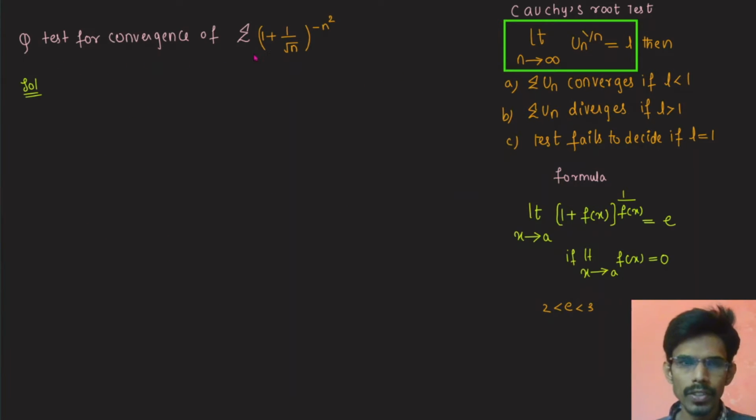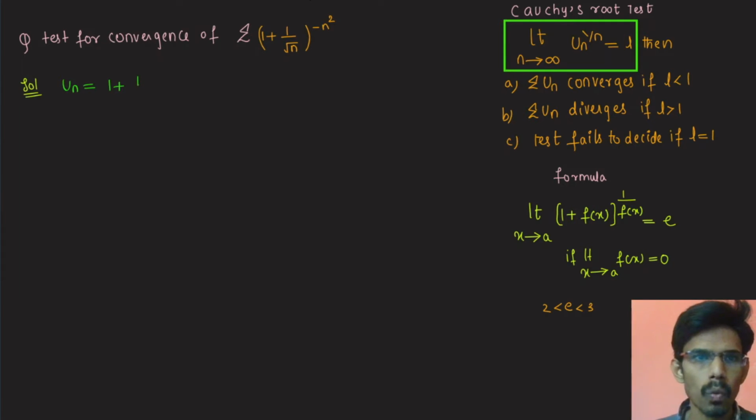Test for the convergence of sigma 1 plus 1 by root n whole power of minus n square. Here we have the sequence in terms of power of n. So this can be solved by Cauchy's nth root test. See here, the general term of the sequence is un, that is 1 plus 1 by root n whole power of minus n square.